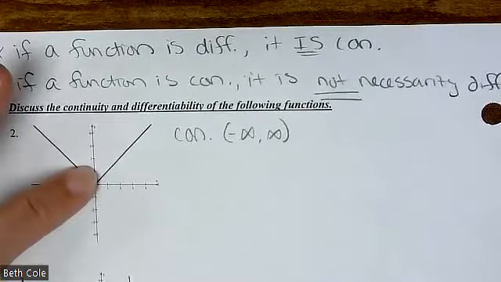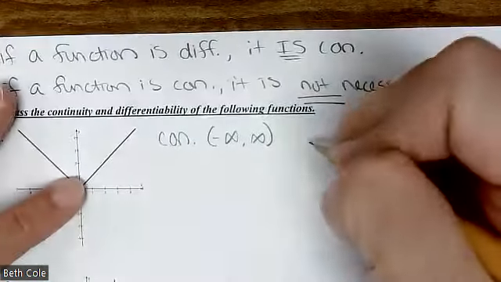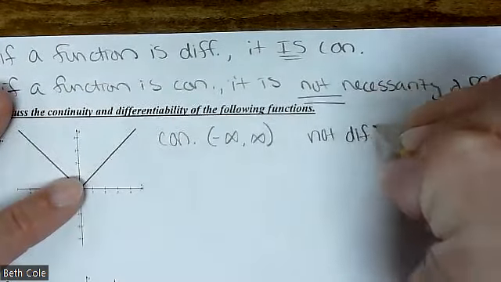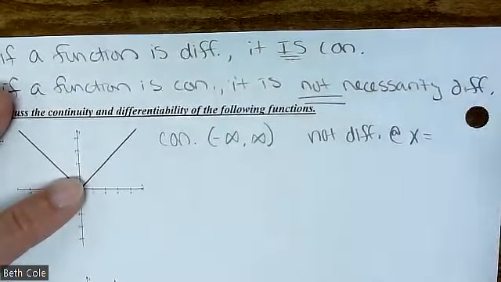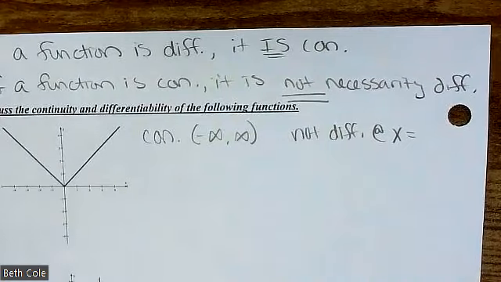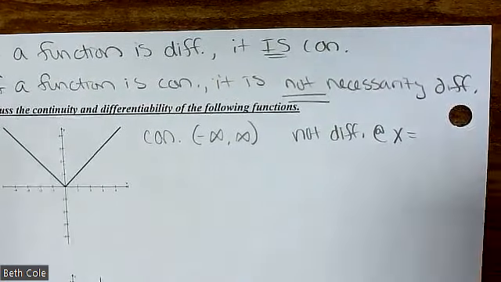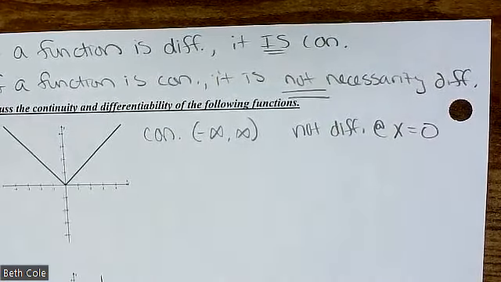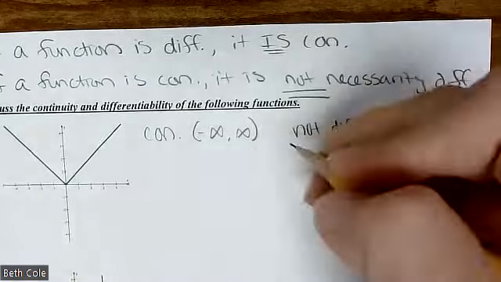Is this function differentiable? No. So we're going to say not differentiable at x equals what number? 0, good. And so we're going to do a limit from the left of 0 and a limit from the right of 0. That's your justification for why it's not differentiable there.